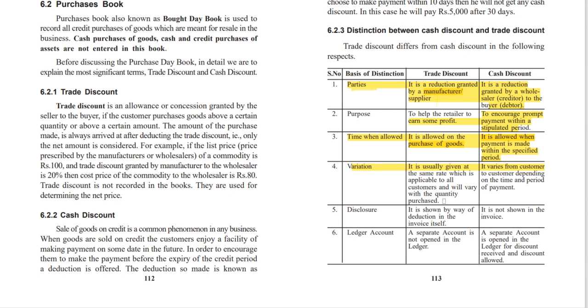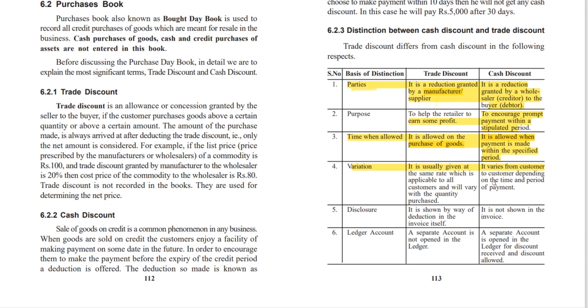It also depends on the quantity we purchase. If you are buying one shirt, only 10% discount; if you are buying two shirts, it may be 25% discount. Based on the quantity, the trade discount rate may vary.